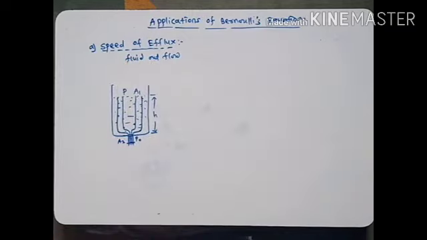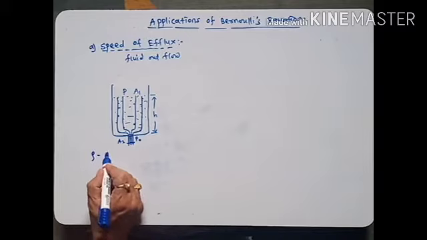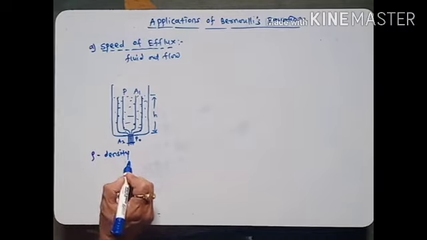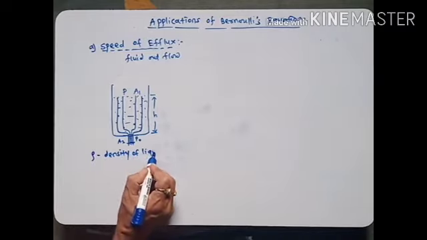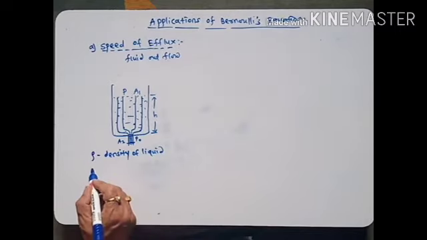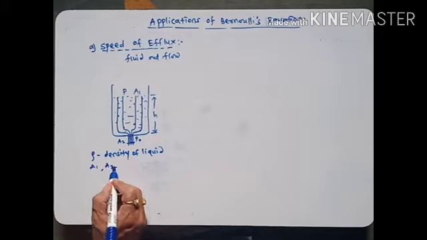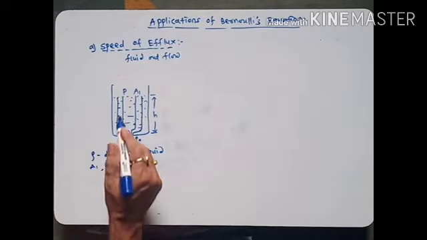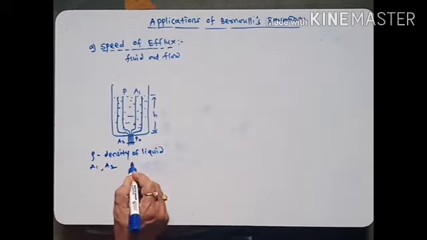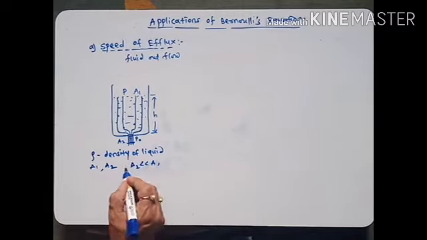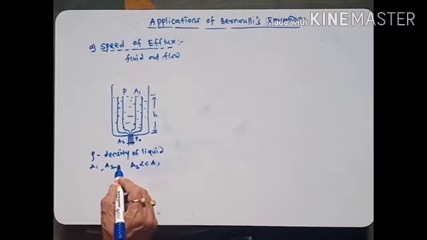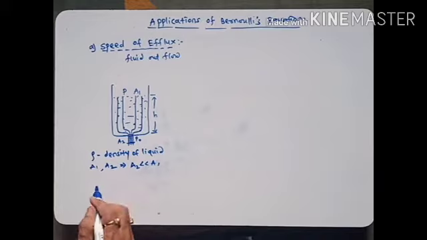Here rho is the density of liquid. A1 and A2 are the areas of cross section at the open top end and the bottom, such that A2 is very much less than A1.